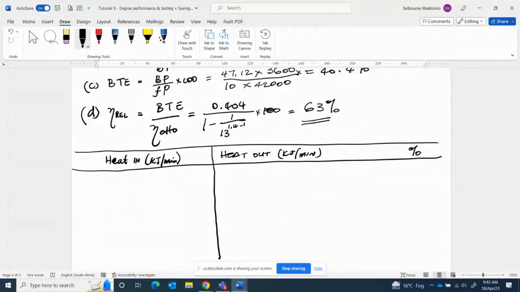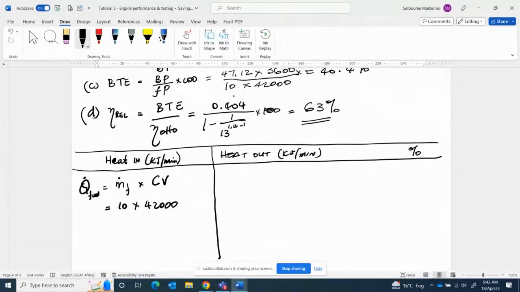So on the left-hand side, heat in. Now, heat is coming from only one source, which is fuel. So the heat coming from fuel is given by the mass flow rate of fuel multiplied by the energy value of fuel, the CV, which is equal to mass flow rate 10 multiplied by 4,200.